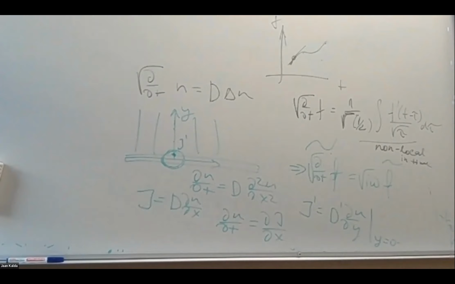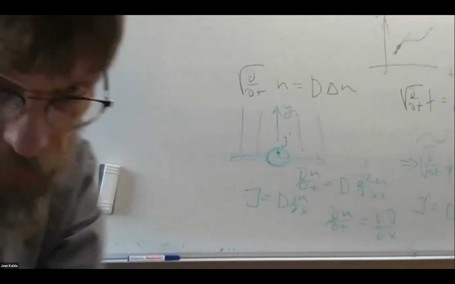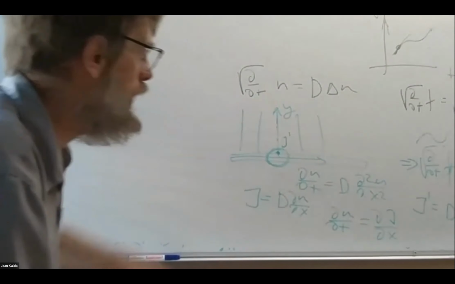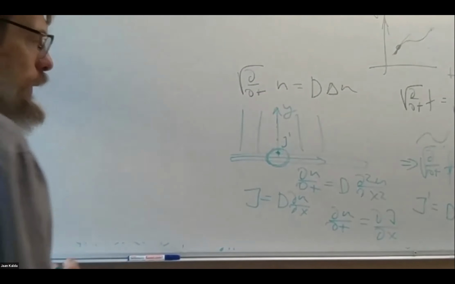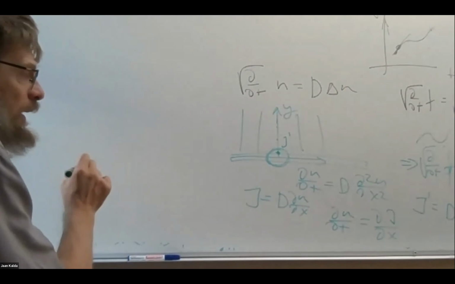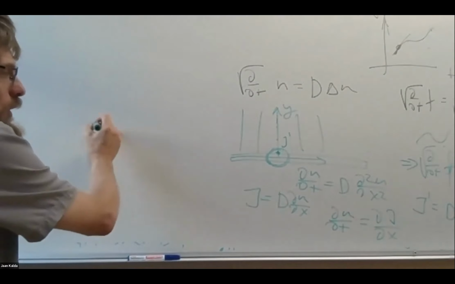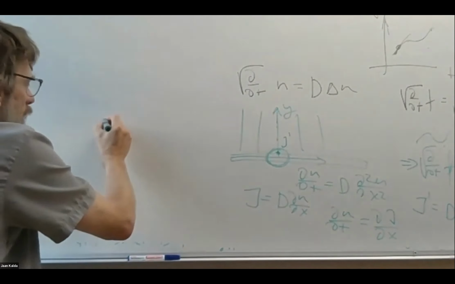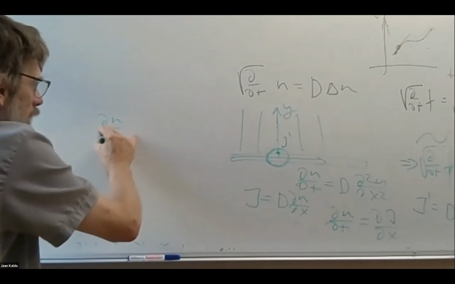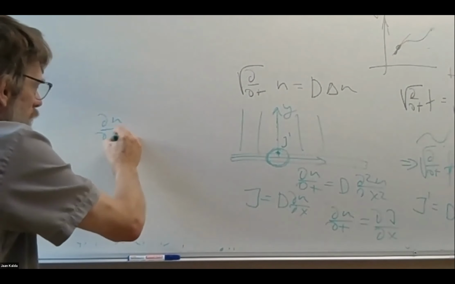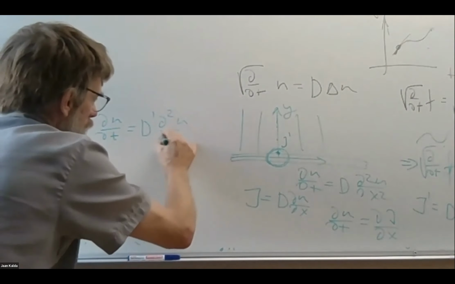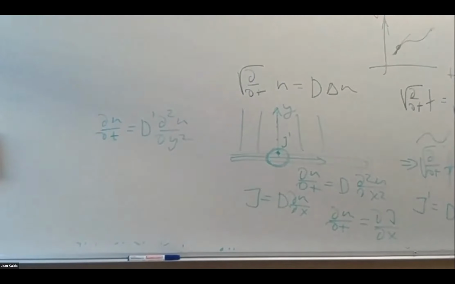And then comes the trick, which is cheating to a certain degree: because we describe motion along y also in terms of a diffusion equation, we have an equation for a single dot as dn over dt equals D prime d square n over dy square.